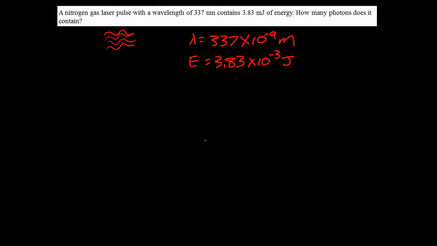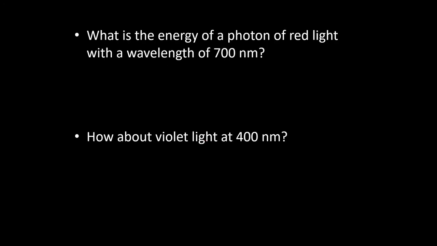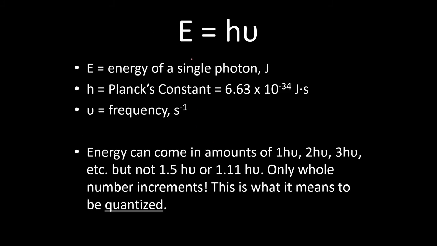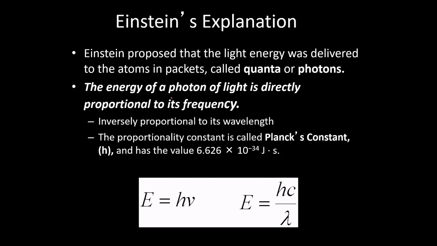Our key here is to remember from the previous video this equation, or conversely this one, which is the same equation just with the wavelength instead of frequency. This equation gives us the energy of one photon of light.